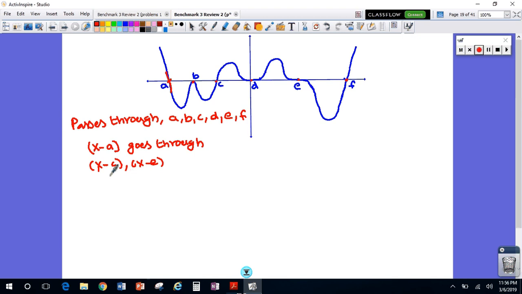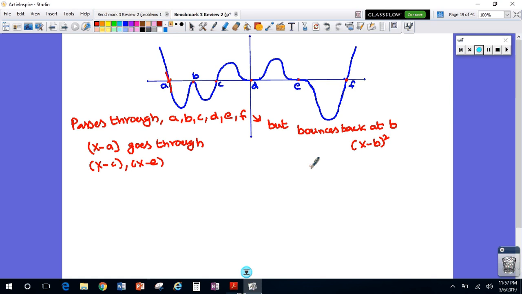So the curve is going through all these 3 points A, C, E. But it bounces back at B. When it bounces back, we write it as x minus b to the 2nd power. Bounces back at B.